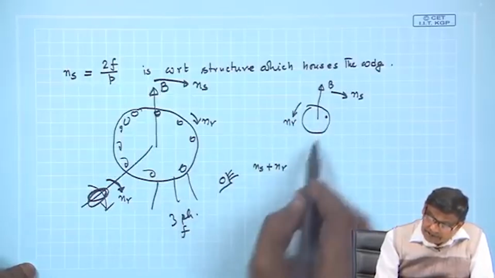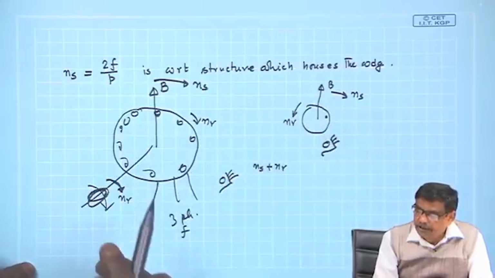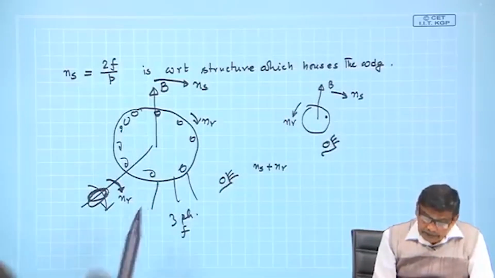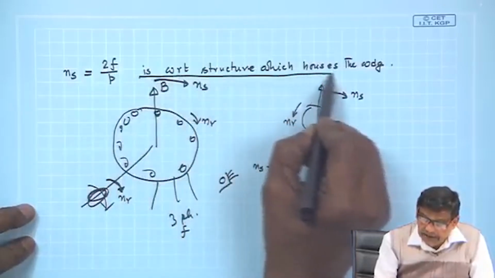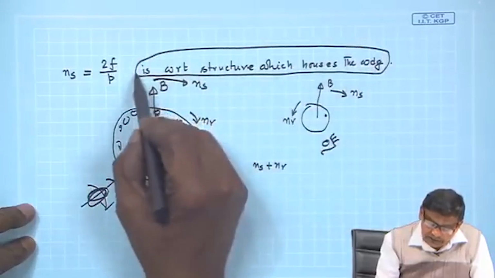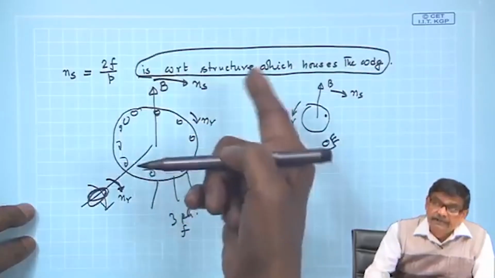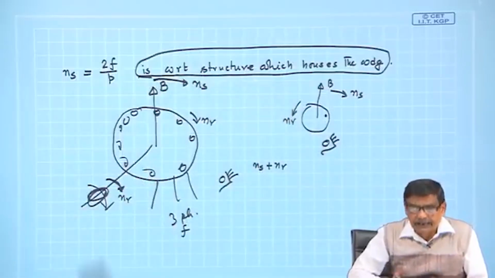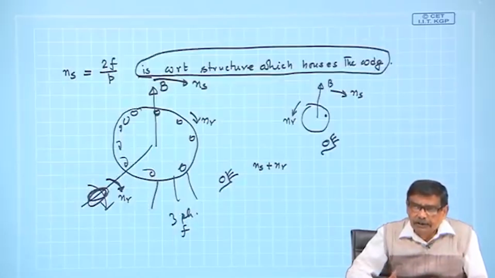Then the stationary observer in this case will conclude that the field is moving with a speed Ns minus Nr. Therefore, this term is very important, that this speed is with respect to the structure which houses the winding. If the structure itself is also moving by some external means mechanically, then a stationary observer will differ.